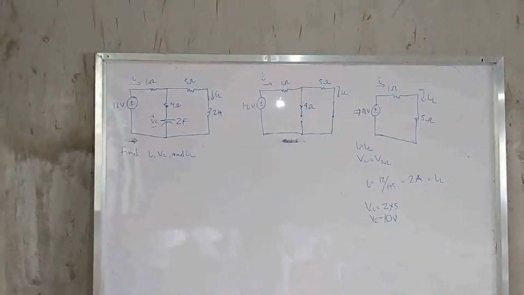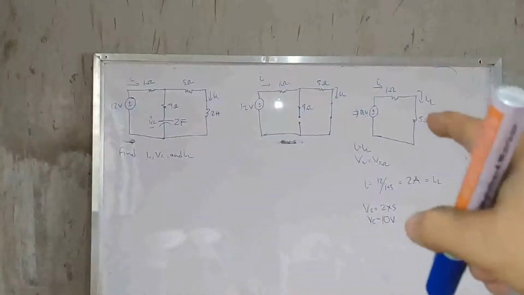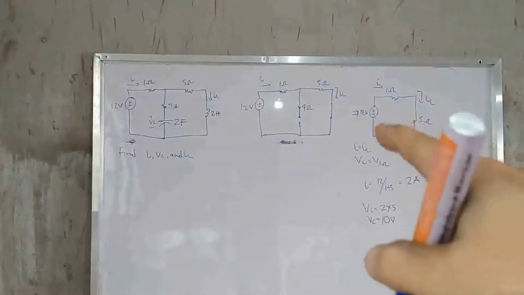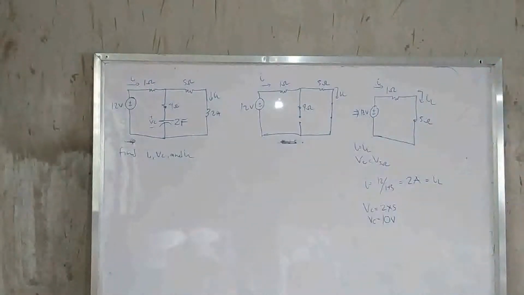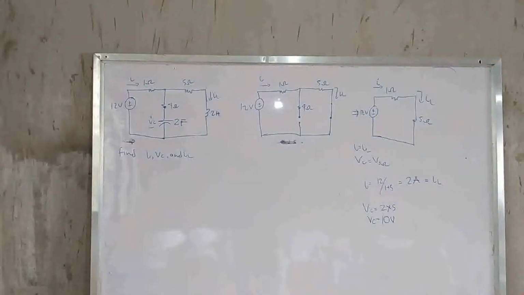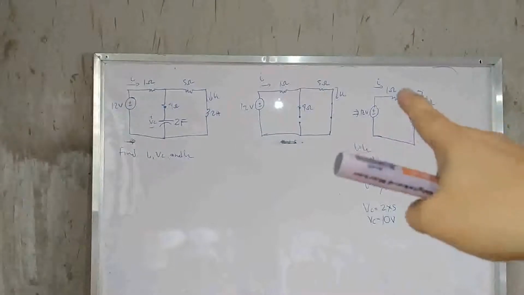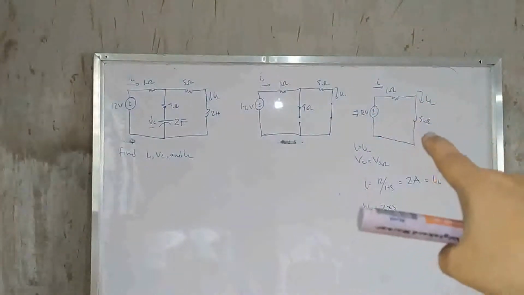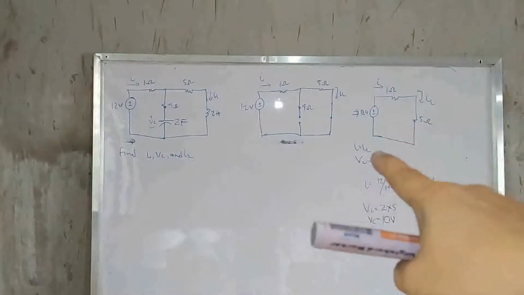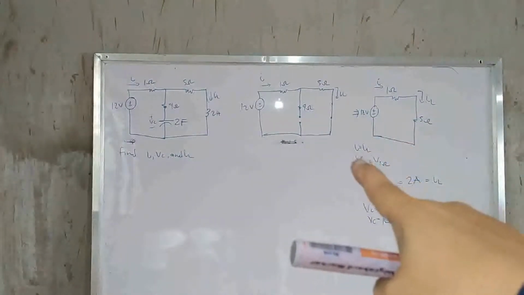So now, our circuitry is very simple. We have 12 volts, 1 ohm, and also 5 ohms. Analyzing this circuitry, we can conclude that the current flowing in this 1 ohm also flows in the 5 ohms. Therefore, the current I is simply equal to IL.